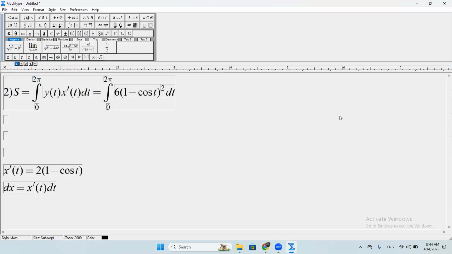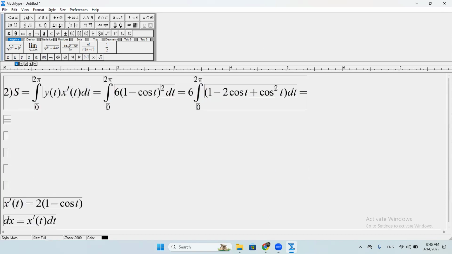So now let's expand brackets. And as we can see here, we'll have to reduce also the power. So 1 minus 2 cosine of t plus cosine squared of t under the integral. Now let's reduce the degree.